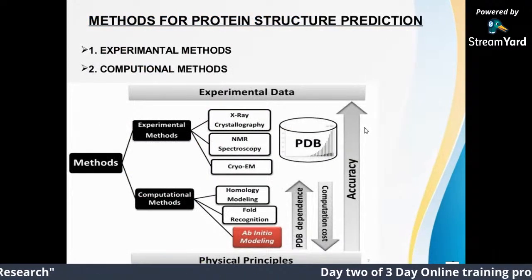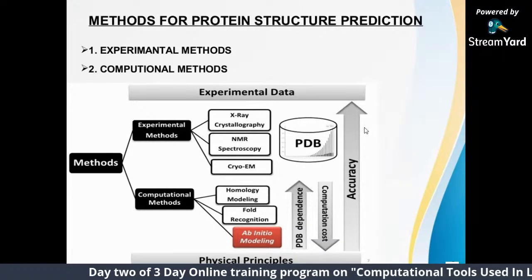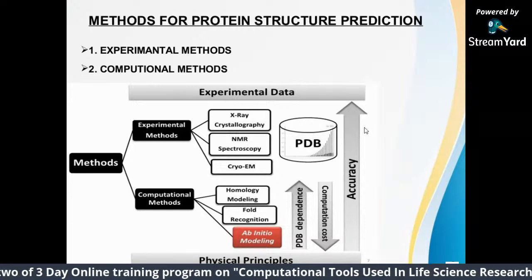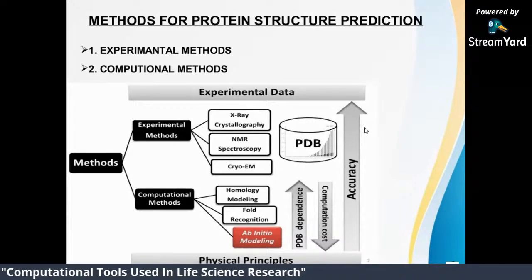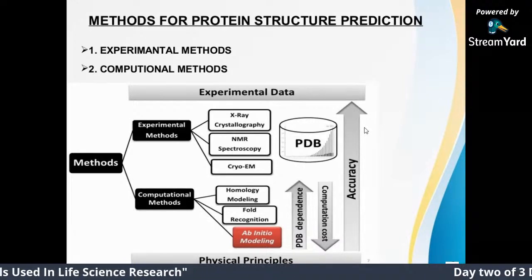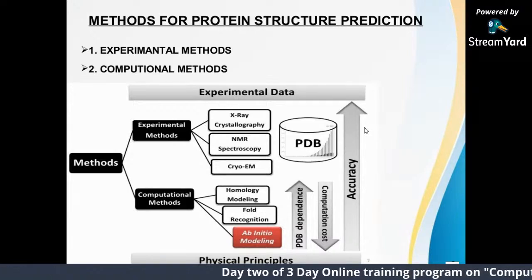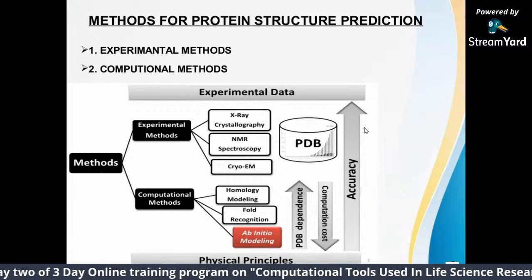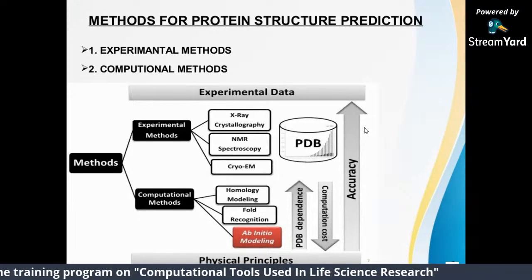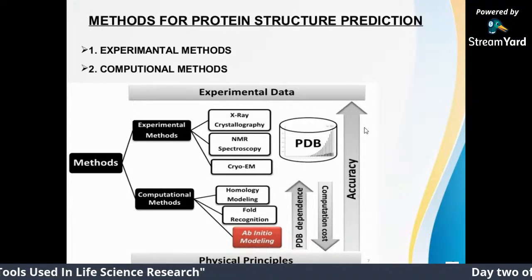So there are different methods for protein structure prediction. Some are experimental methods and some are computational methods. In experimental methods, usually X-ray crystallography is there, NMR spectroscopy, and there is another one, and the computational process. In experimental methods, there are some drawbacks and disadvantages because of the experimental cost and cost effectiveness.